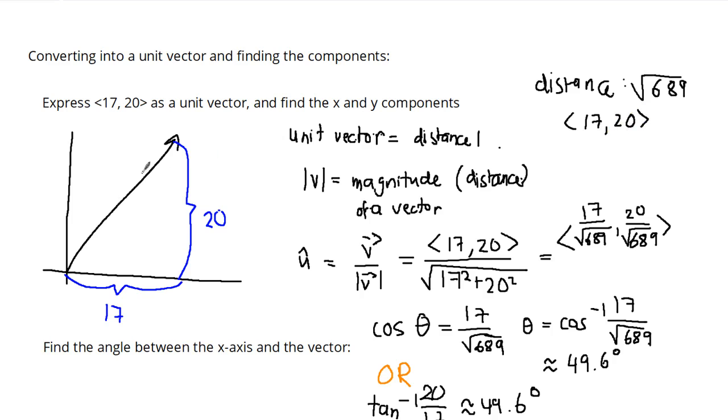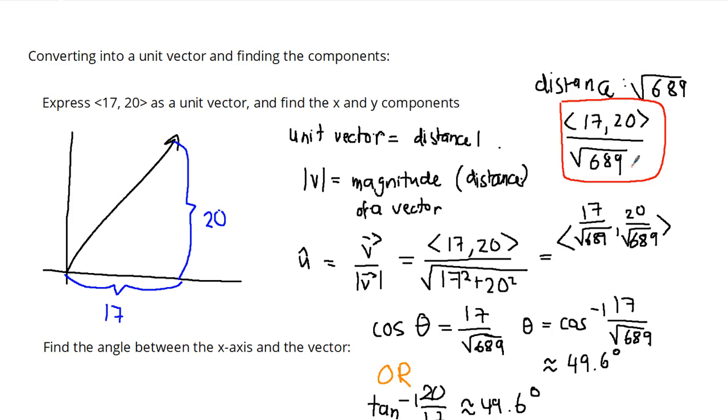You just take the whole vector and then you divide by the magnitude, because then if you had a vector of length 3, right? Let's say this vector was length 3 instead. You divide it by 3, you'll have a vector of length 1, a unit vector.